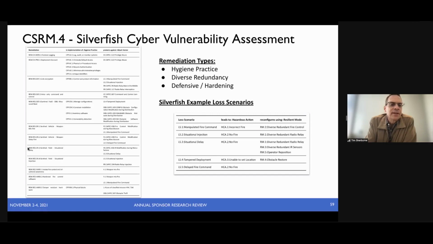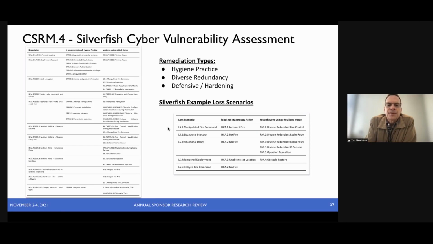And then finally, the Sentinel-based resilience mechanisms as well. So it's a balance between hygiene practices, defensive mechanisms, and resilience modes that were decided for this case study.